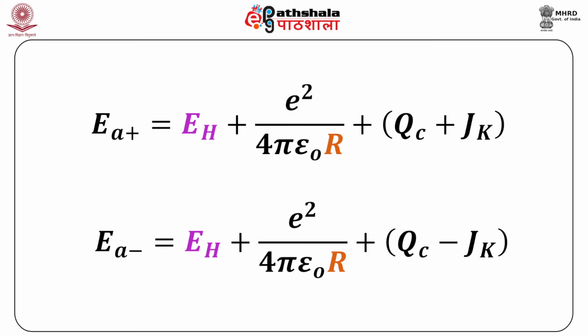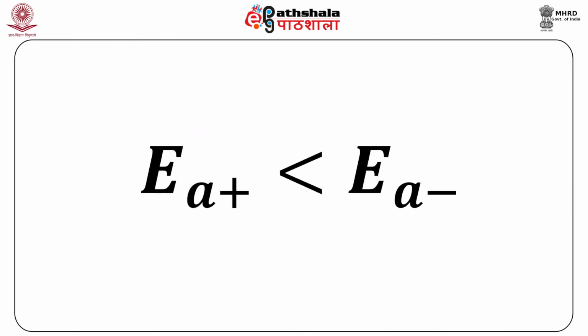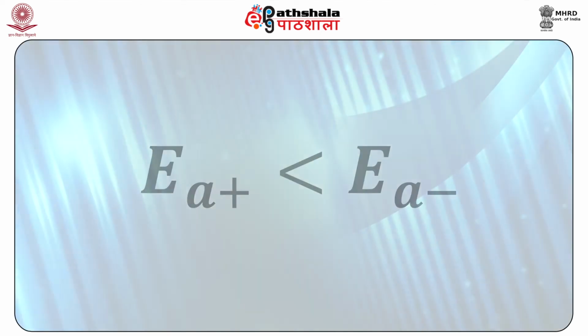Then, since Q and J are negative, one can notice from these expressions that the energy EA plus, that of the bonding molecular orbital, is less than the energy of the anti-bonding molecular orbital EA negative.